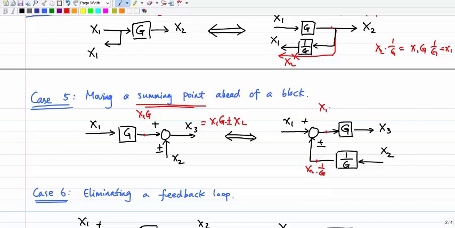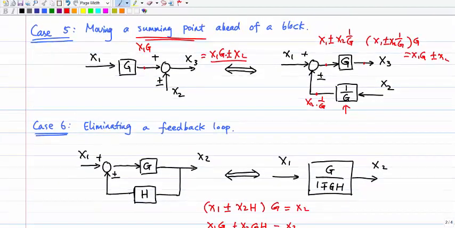It's x1 plus or minus x2 times 1 over g. Then this x3 will be x1 plus or minus x2 times 1 over g times g, which is x1g plus or minus x2, the same as this over here. Okay, that's equivalent. That's why we have to have this extra transfer function over here.